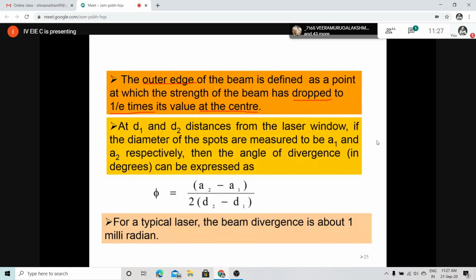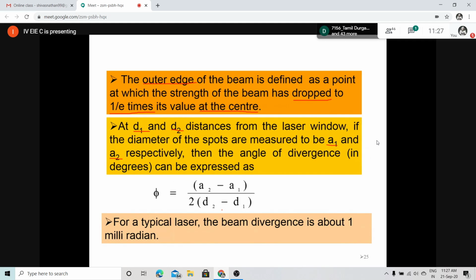Now next, at D1 and D2 distances from the laser window. Take for example, we are trying to find the diameters at D1 and D2 distance from the laser window. If the diameter at D1 is noted as A1, and at D2 we have a diameter A2, then the angle of divergence phi is given by (A2 minus A1) divided by 2 times (D2 minus D1).